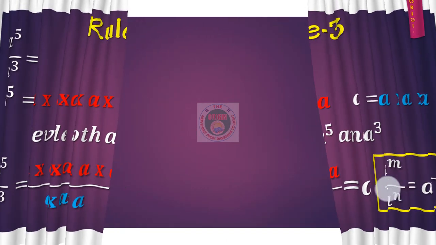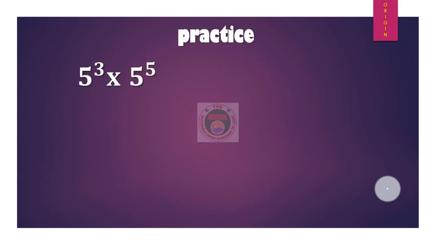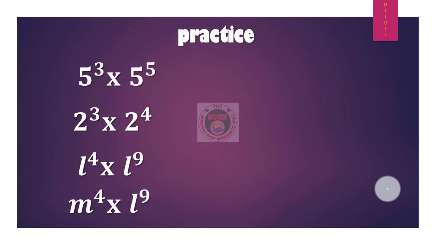Okay students, that is about rule 1, rule 2 and rule 3. Listen to that video again and practice the sums here. 5 power 3 into 5 power 5. 2 power 3 into 2 power 4. L power 4 into L power 9. M power 4 into L power 9. Check, is it possible? Which rule is applicable here? Is it possible to do the multiplication or not?